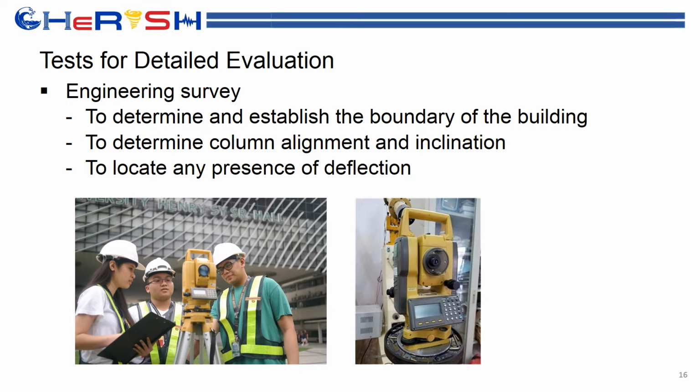Therefore, conducting an engineering survey would give us that information, okay, to document this is the existing condition of the structure before those constructions, and if there is any deflection after the conduct of the engineering survey, then we can say that such deflection is probably due to the neighboring construction, something like that. So that is why it is also important to do this, what we call engineering survey, to document our existing structure.